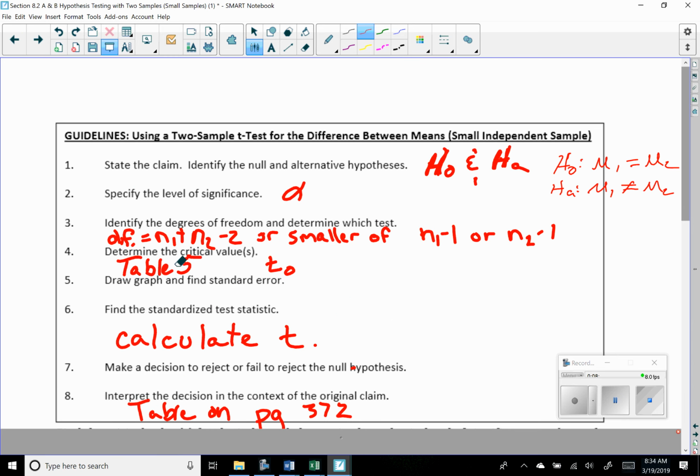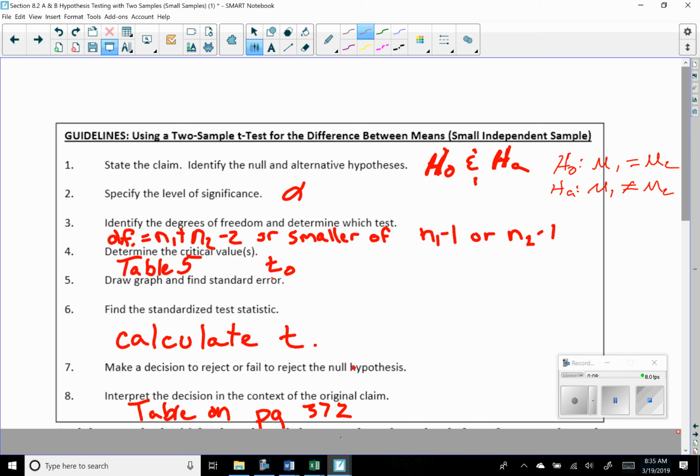Step 4, determine the critical values. So that's from table 5. You can find t naught. We've done that in the past. I don't think you're going to have a hard time with that. Step 5, draw a graph and find a standard error. Step 6, calculate the t.